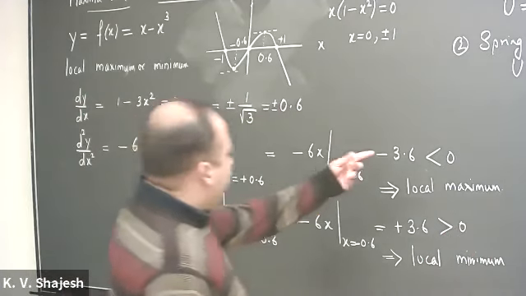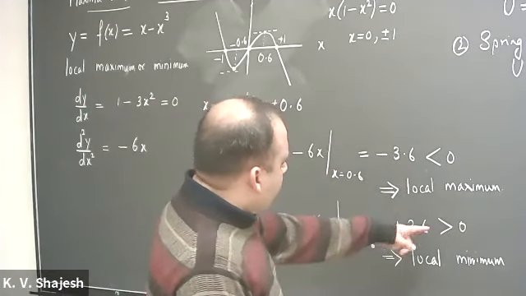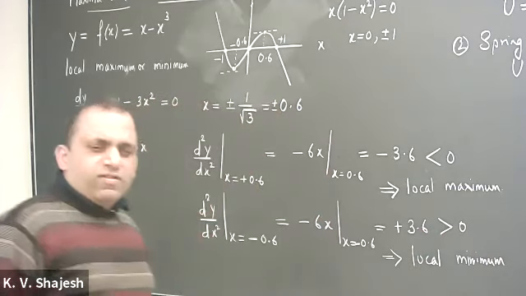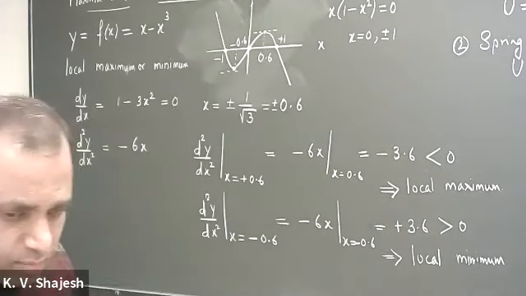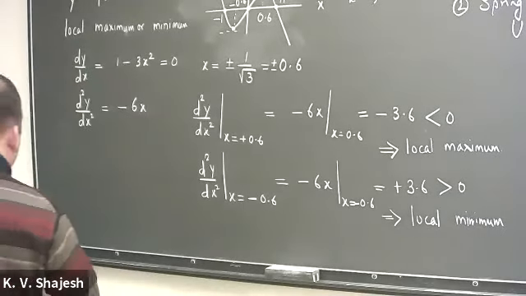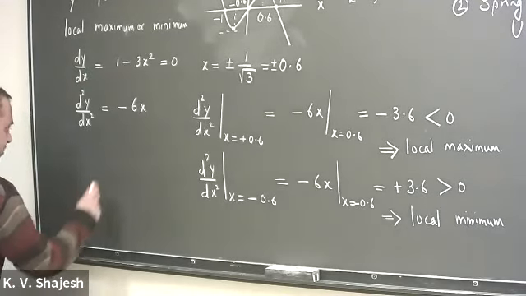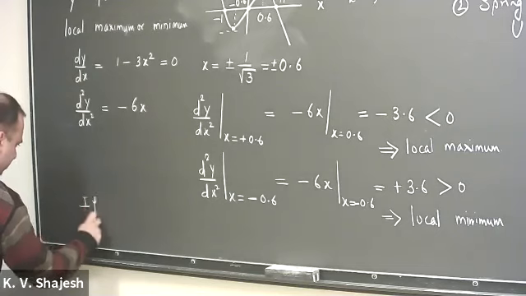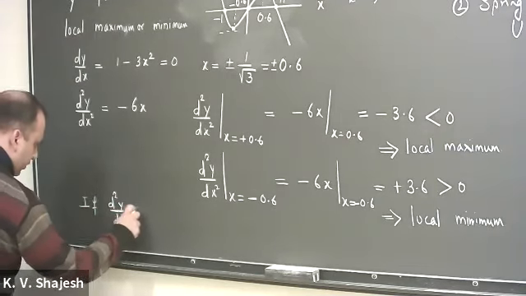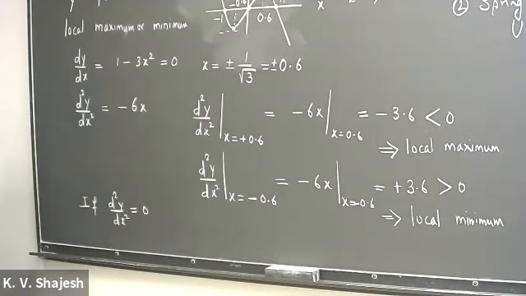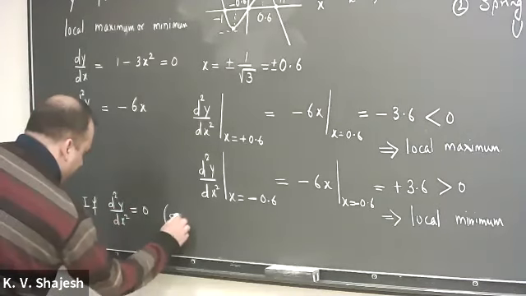There could, of course, be a situation where it comes out to be exactly 0. In that case, you cannot really conclude anything about whether it is a maxima or a minima, and usually you say that's a saddle point. If by any chance, in this case we don't have that situation, if the second derivative is exactly equal to 0, that's called a saddle point.